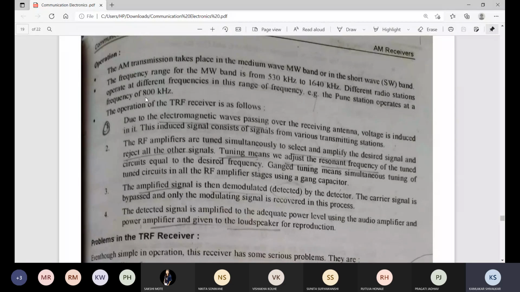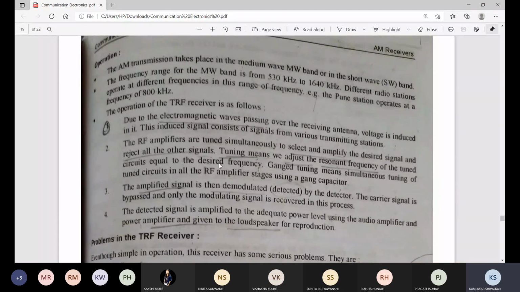So I have to tune on the 800 kilohertz frequency and all other frequencies which range from 530 kilohertz to 1640 kilohertz all come to your receiving antenna. So all other frequencies get rejected and only that 800 kilohertz frequency is selected.